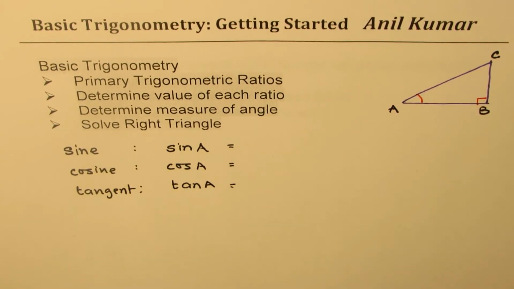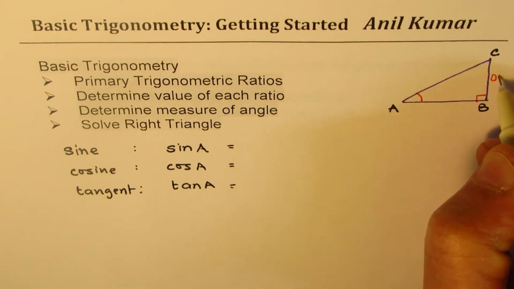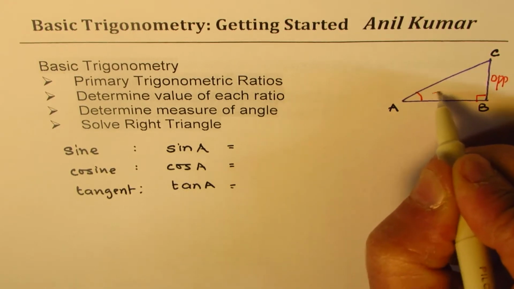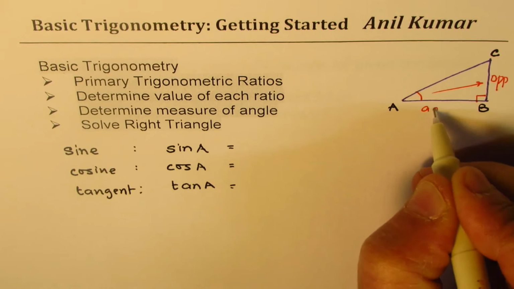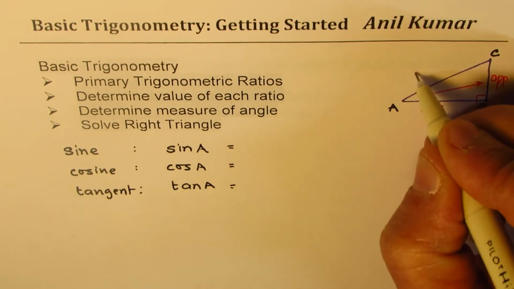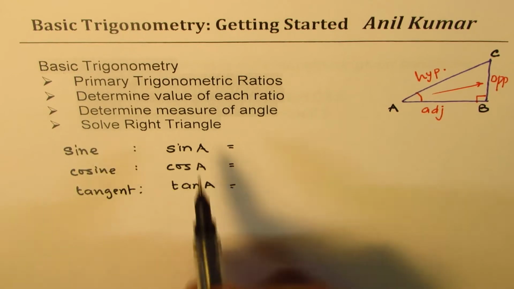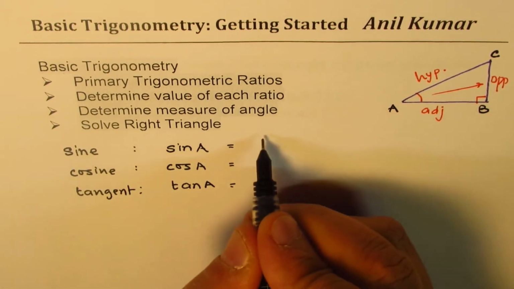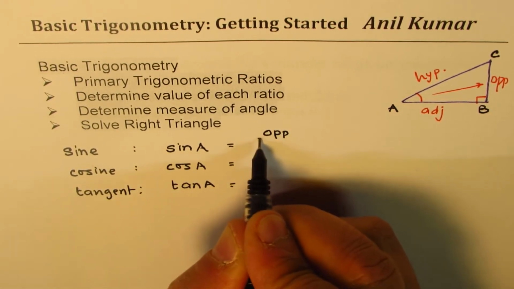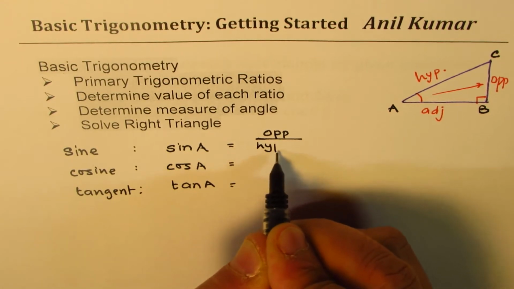So let me write down how we define these sides. This side is opposite to angle A, right? This is adjacent, and the longest is hypotenuse. So sine A is defined as a ratio of opposite side to hypotenuse.